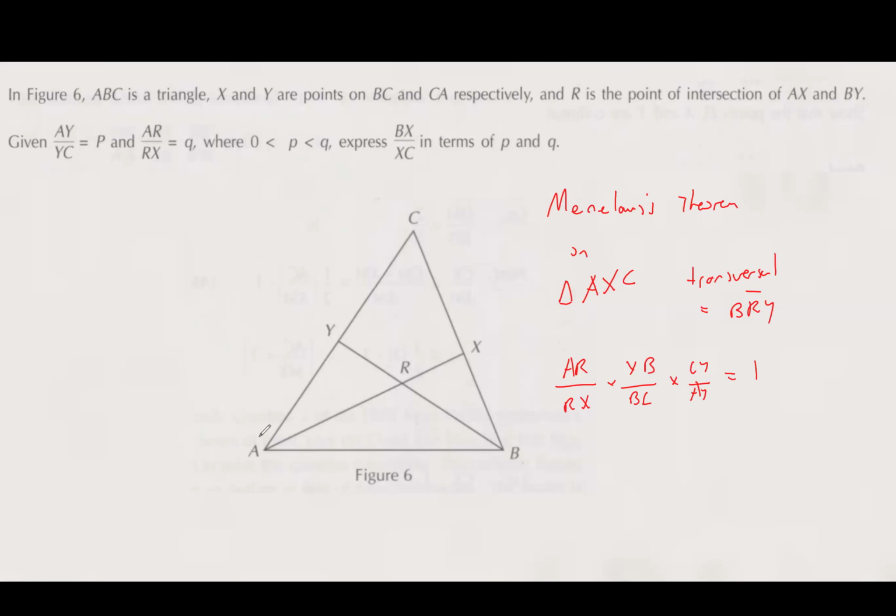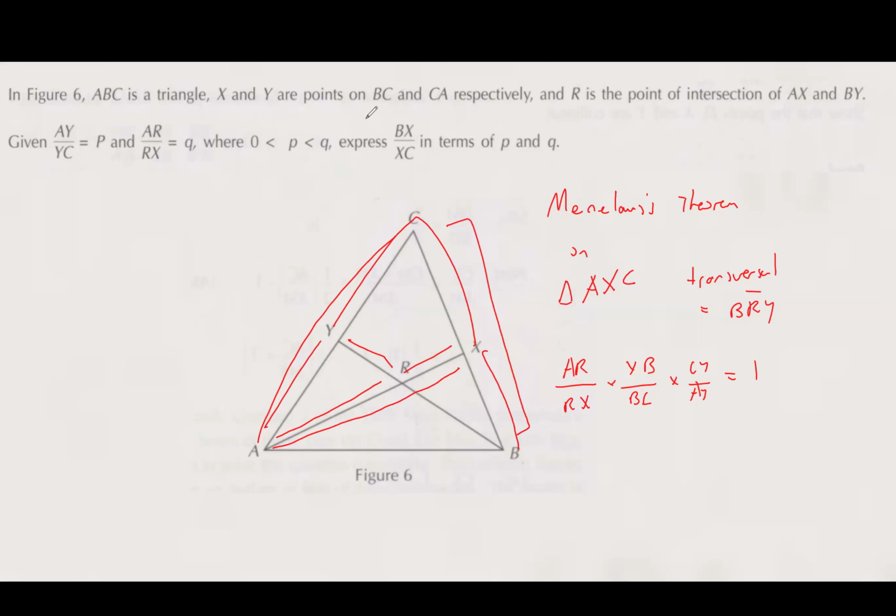Because we're taking this triangle here, ACX, taking AR over RX multiplied by XB over BC, that's our transversal, and then CY over CA. So we're just using the theorem like we would normally do. And given this information, just have a go at doing this question.